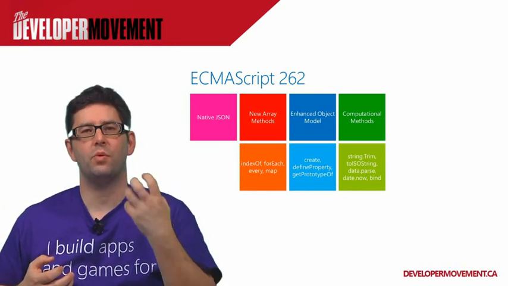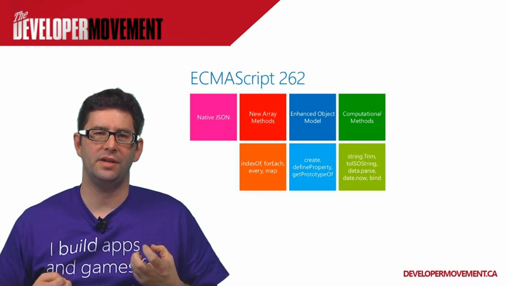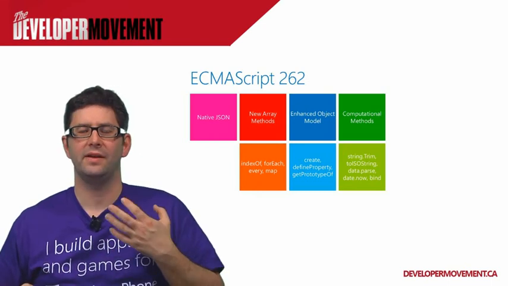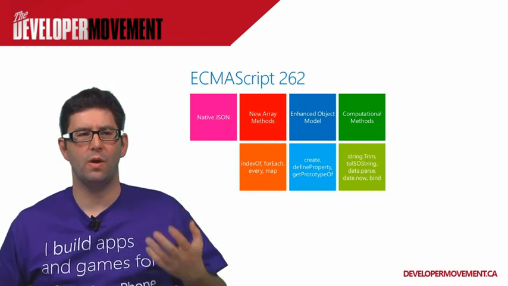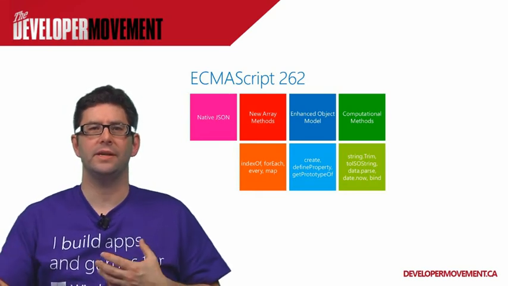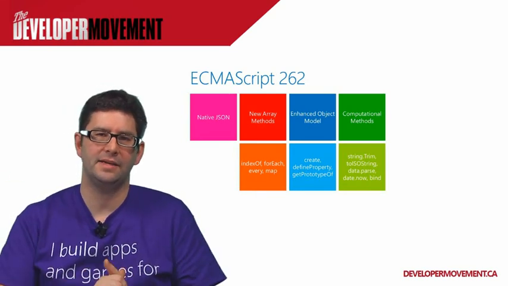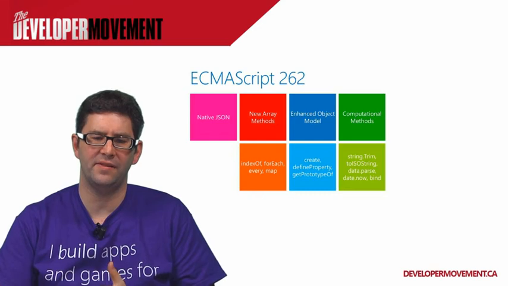So we actually support that natively within JavaScript now, so you don't have to have all these methods or functions that are required to actually deserialize that JSON and everything else like that. So that's available for you.